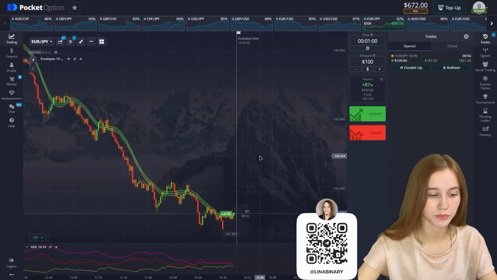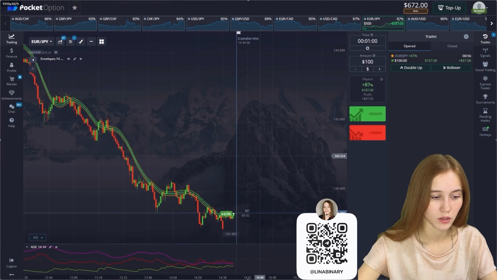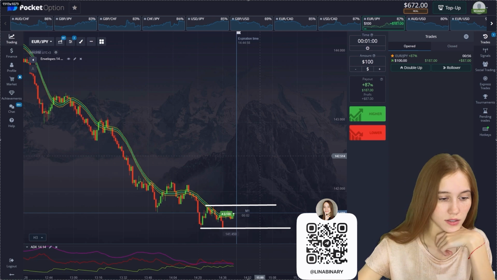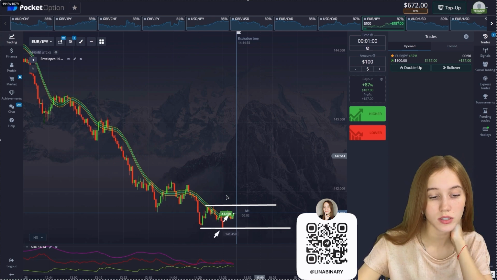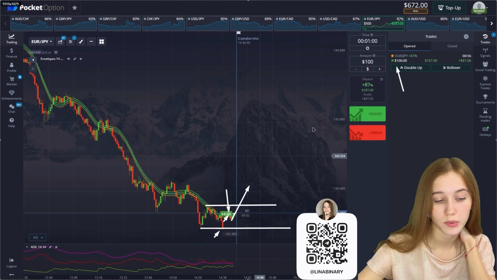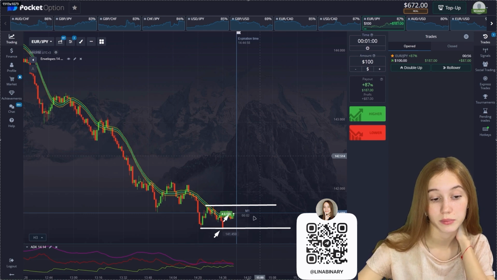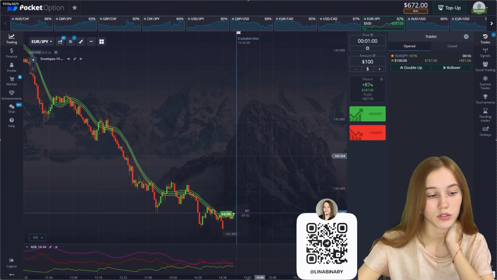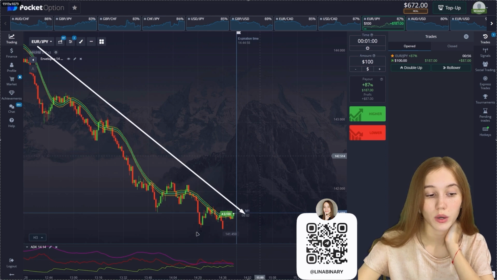Here we are. Up deal. And now technical analysis. Open up. If we see areas of resistance and support, we see a red candle. There will be growth. As a result, we open up. The general trend follows the envelope indicator.